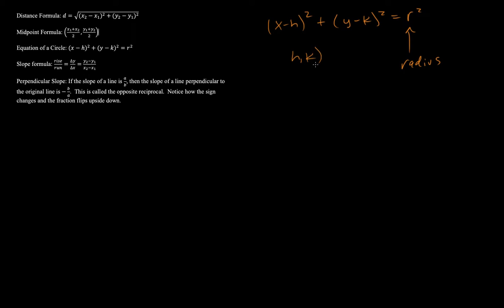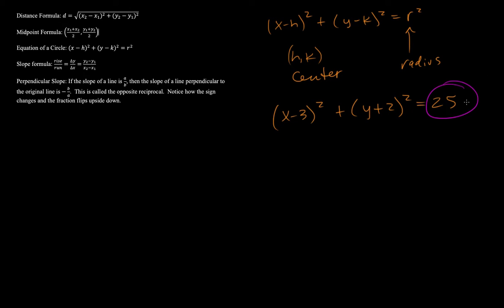H comma k is the center. And a couple things to keep in mind. If we see a number, so if we have x, something like this, the number we see here is the radius squared. And so when we pull out the radius, we have to take the square root of that number, and so the radius is only 5.